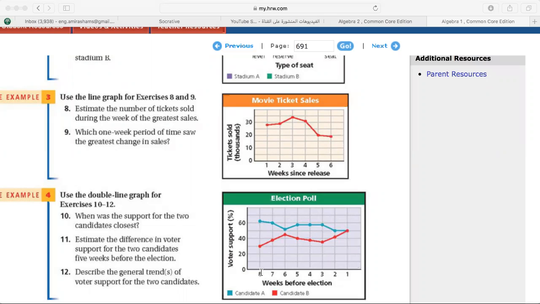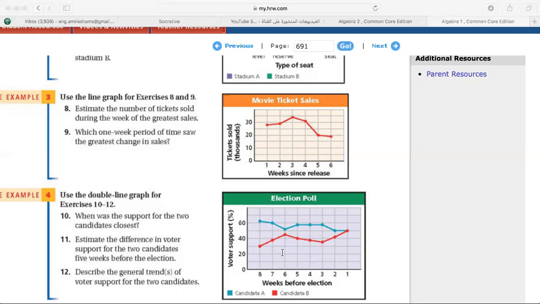So you will tell me why this scale is from 8 till 1, because it shows the weeks before the election. 8 weeks before election, 7 weeks before election, 6 weeks before election. So I am approaching the election by 2 weeks, and here is 1 week almost for the election.